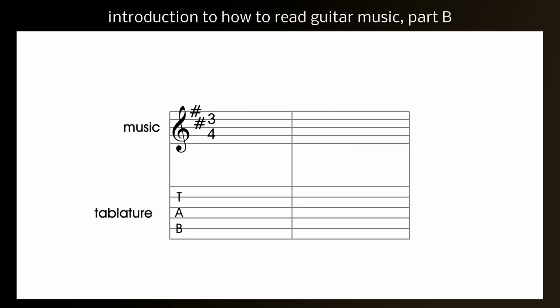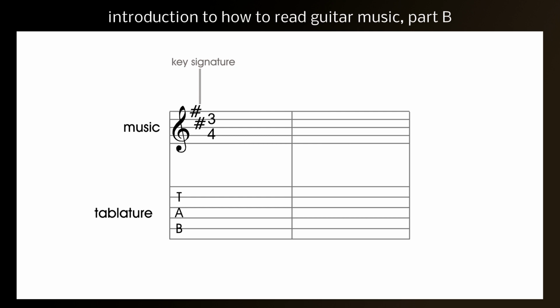Now, there's just one more slight complication, which we'll go into in far more detail in a later lesson. However, we'll just touch on it now, and that is the key signature. The key signature is a series of sharps or flats that appears between the treble clef and the time signature.